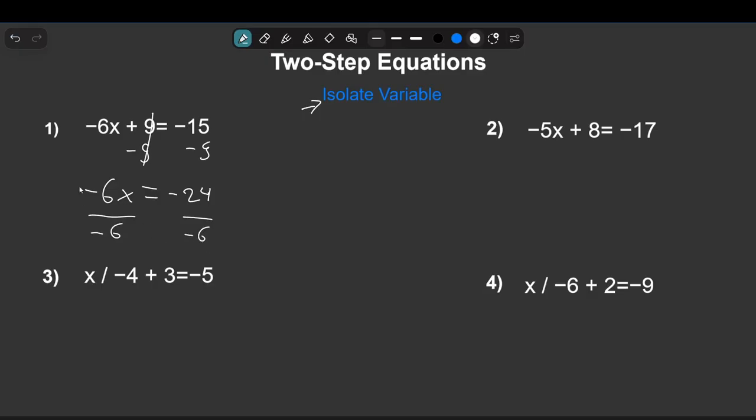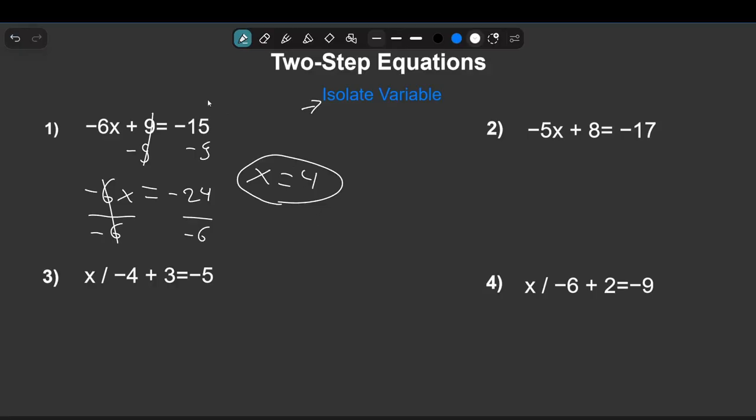These two again cancel each other out, so we are just left with our variable. Now minus 24 divided by minus 6 equals 4. This equals a positive number because we are dividing two negatives. And if you're dividing or multiplying two negatives, you will always get a positive answer. So the answer for the first example is 4.